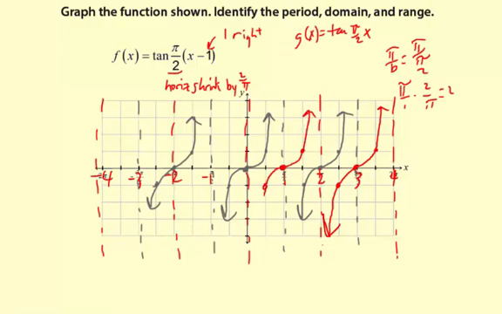Here's the next one. Okay, so what I did is I just moved every key point to the right 2 squares, or 1, because my scale is 1/2 for each of these squares. And the final graph is in the red.